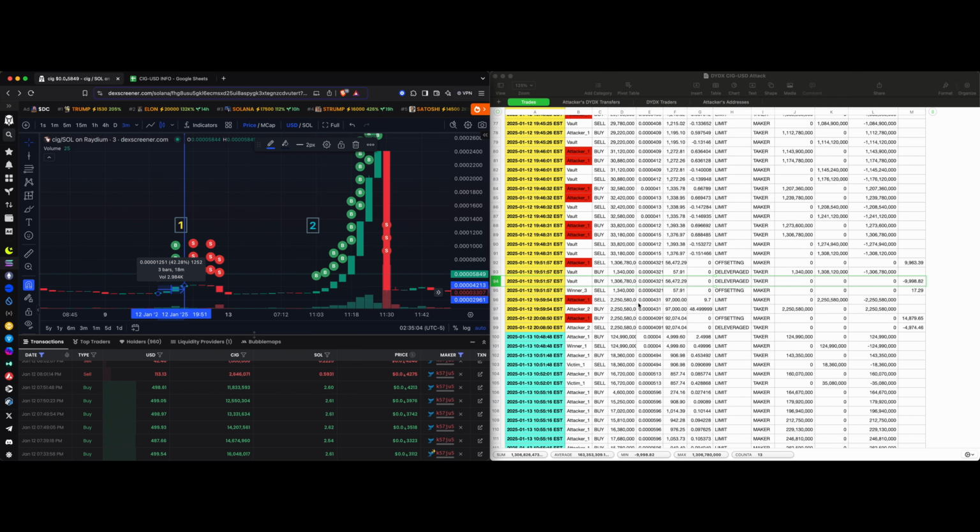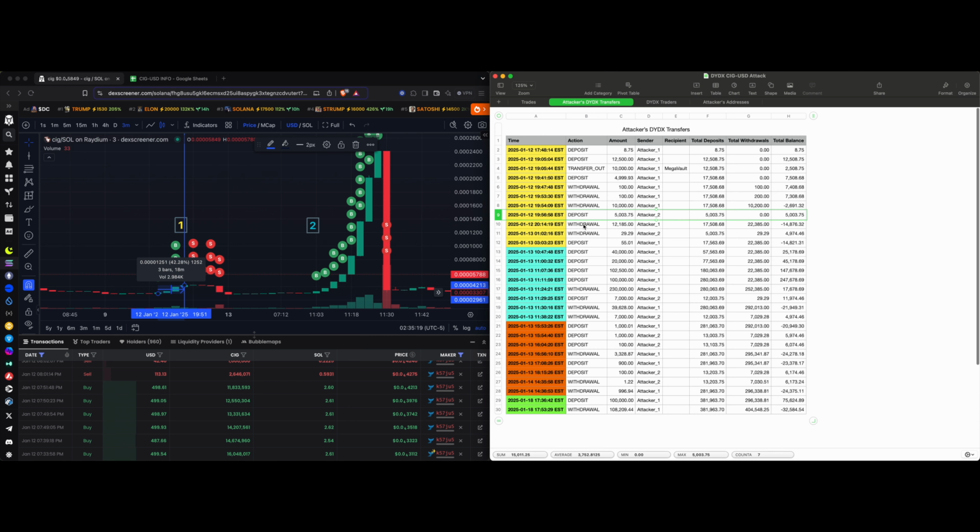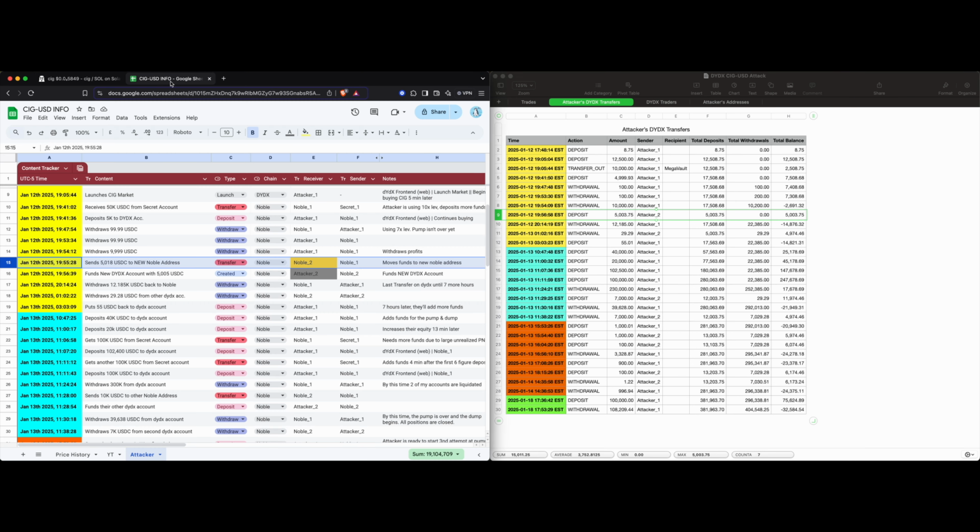Now that the attacker has a large profit and his positions are closed, what does this attacker do? Does he finish? No, he does not. In fact, around the same time, he actually withdraws $10,000. Okay, he withdraws that $10,000 to his Noble account.